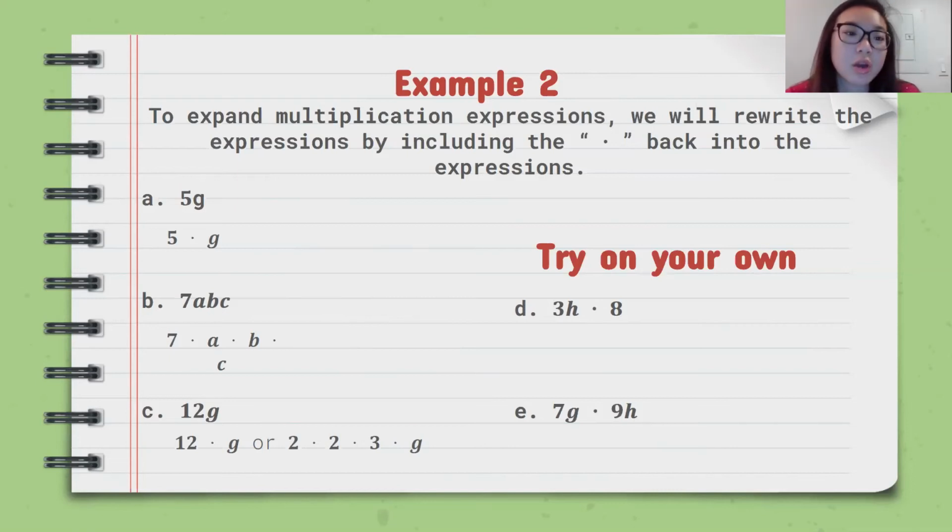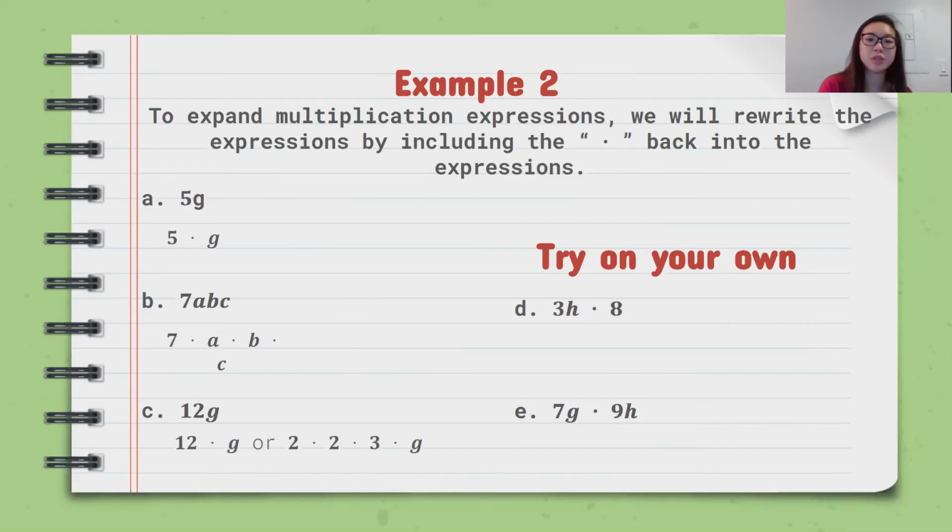When I expand it out, it's going to be 7 times A times B times C. And then C is 12G. You could write it as 12 times G, or you can expand out even further and multiply it as 2 times 2 times 3 times G.